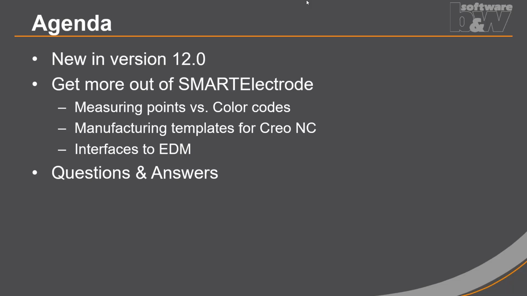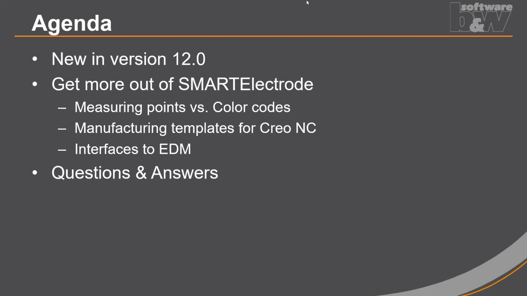So what are we talking about? At first, I would like to present one of the bigger changes in SMARTElectrode 12. And after that, I would like to talk about the functionality and features in SMARTElectrode to streamline the process and to forward information to the next process steps.